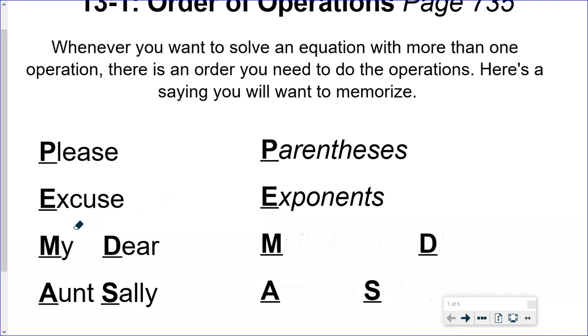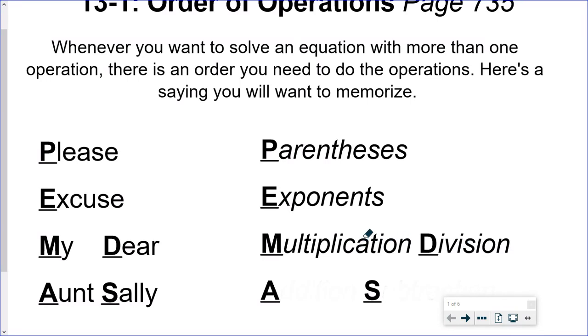Then you have the words my dear. That's going to stand for the operations that we're probably most familiar with, which is multiplication as well as division. Now, you should notice something about the way that I wrote my dear. The words my and dear are actually on the same line as each other. The reason why I do that is because I don't want you thinking that you always do multiplication before division. That is not true.